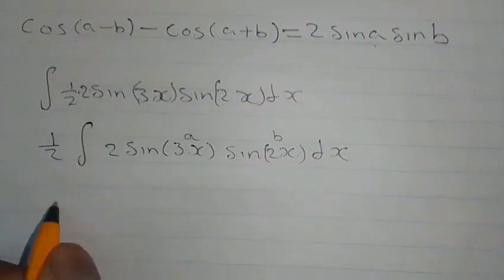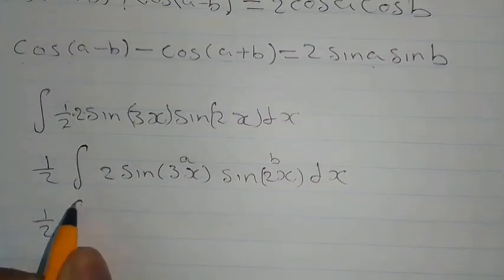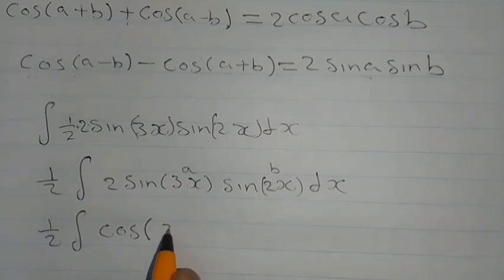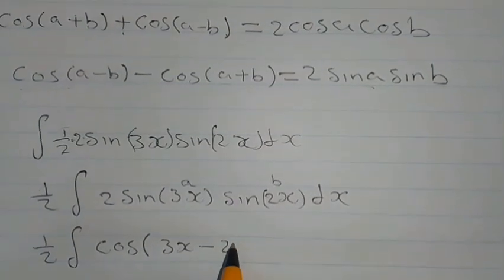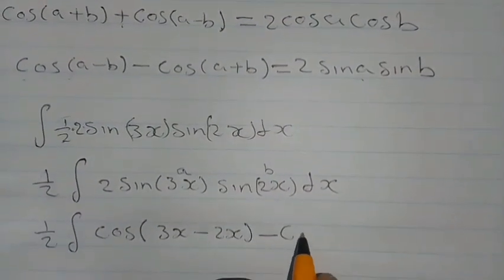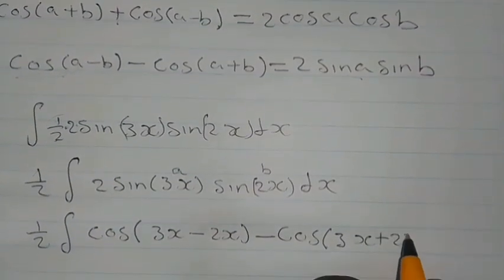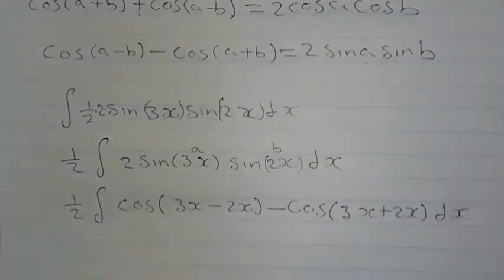So this means that I'll have half the integral of cos 3x minus 2x minus cos 3x plus 2x dx.